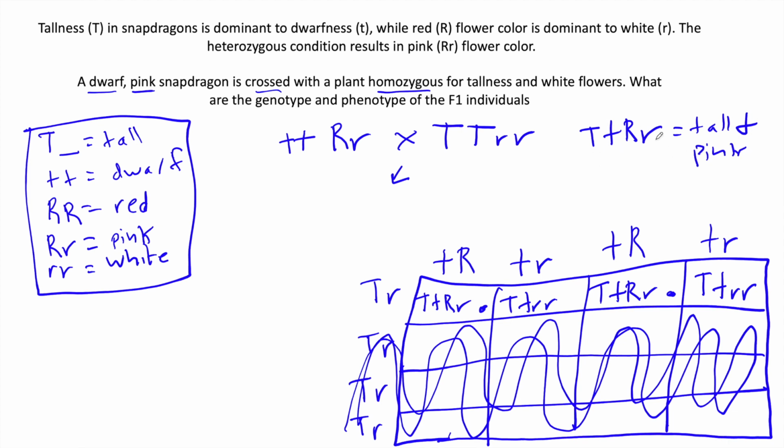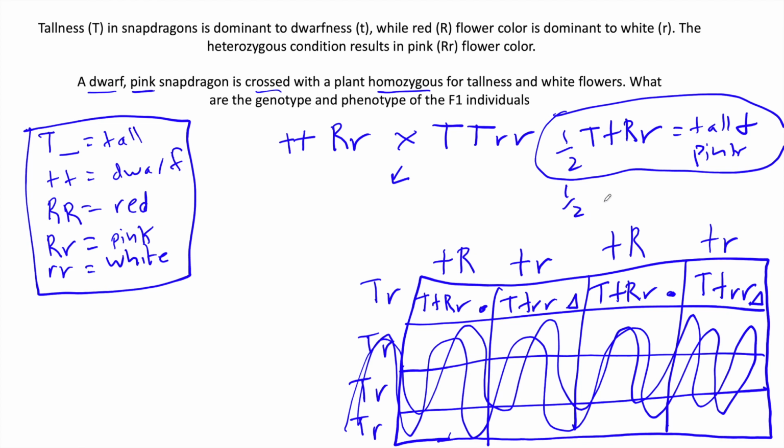Okay, so that's 2 out of 4, or 1/2 of them are that. Then these 2 are both big T, 2 little r's. Okay, so 2 out of 4, or 1/2, are big T, 2 little r's, or tall and white. Okay, and that's how you would solve that problem.